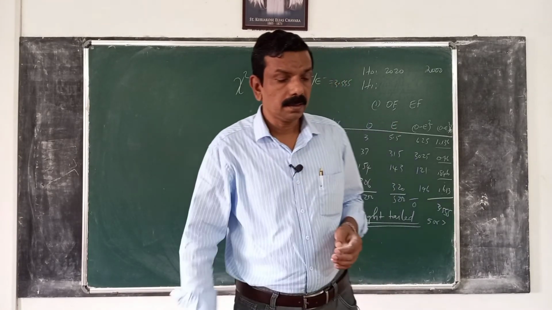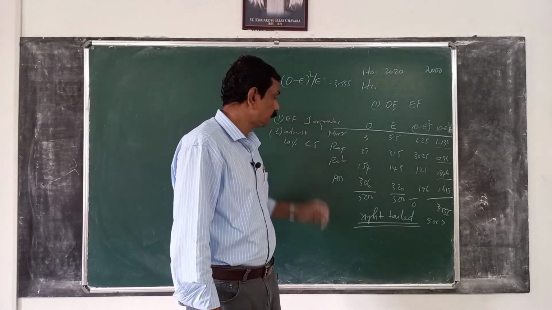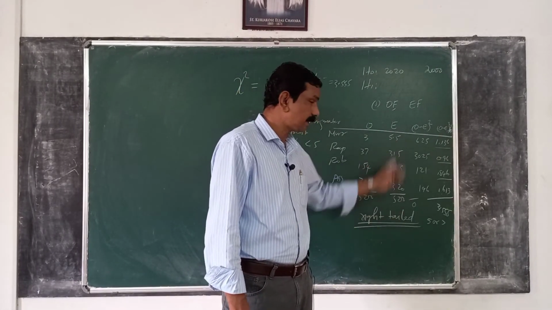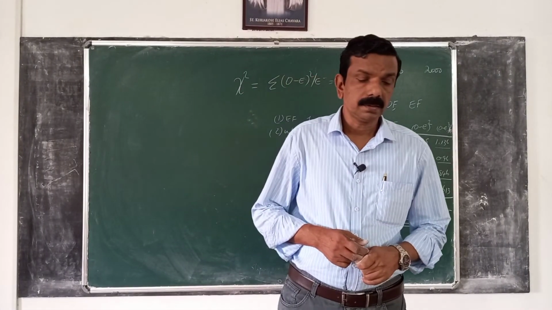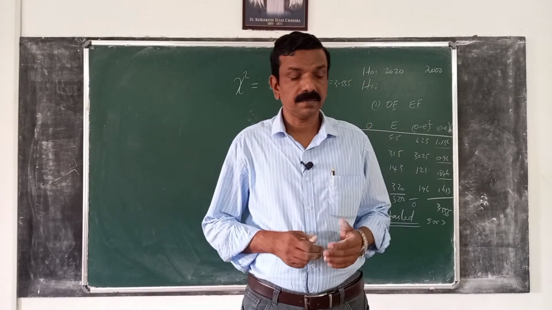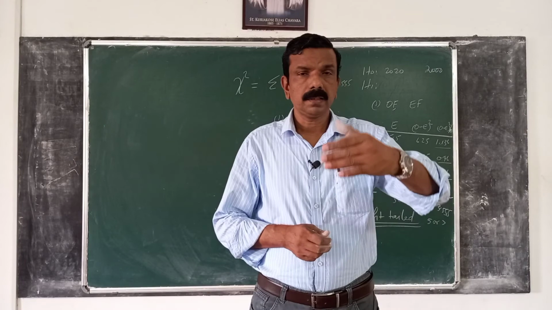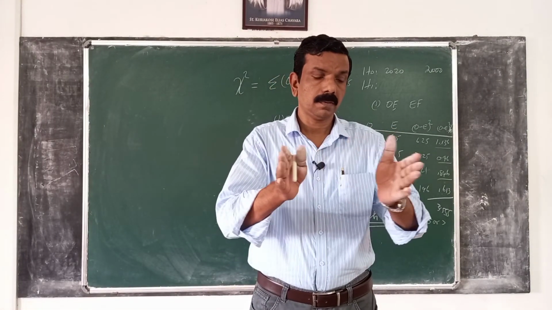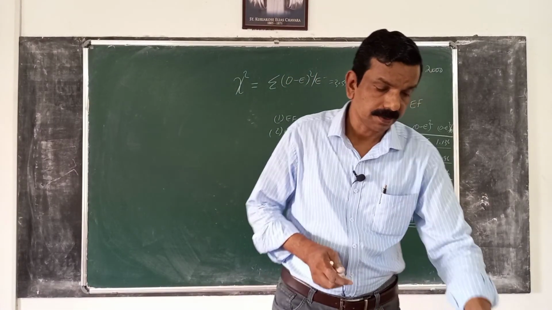And see whether the expected frequencies satisfy assumptions 1 and 2. That is very important. Then determine the level of significance, compute the value of chi-square, compare it with the critical value for k minus 1 degrees of freedom, and take a decision.